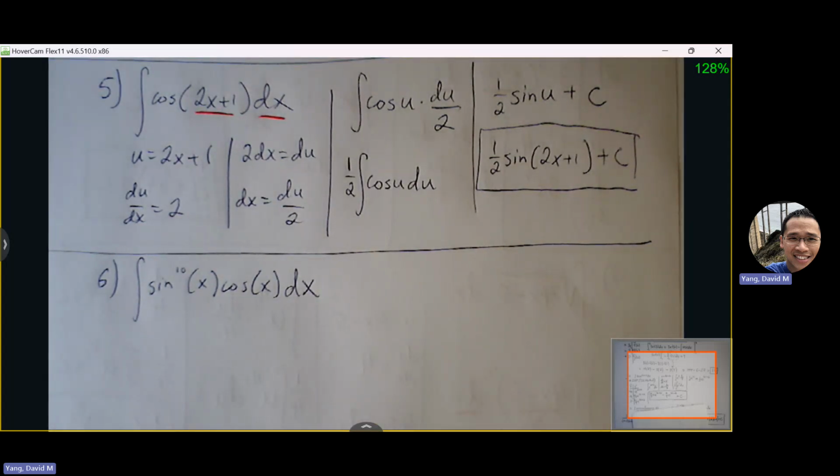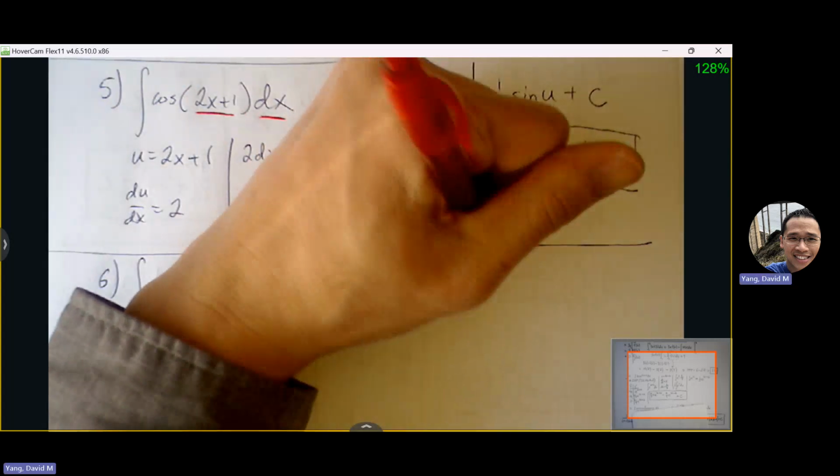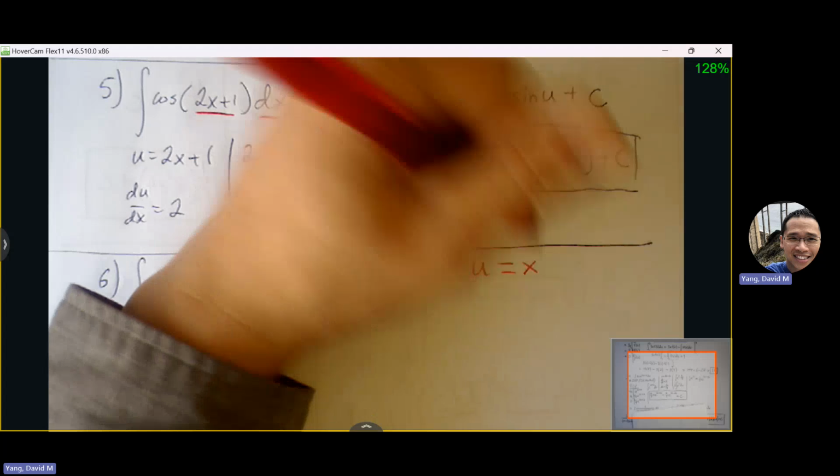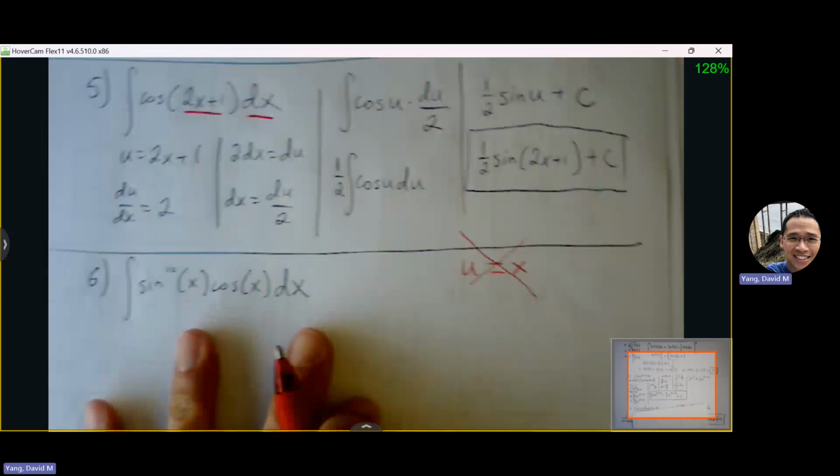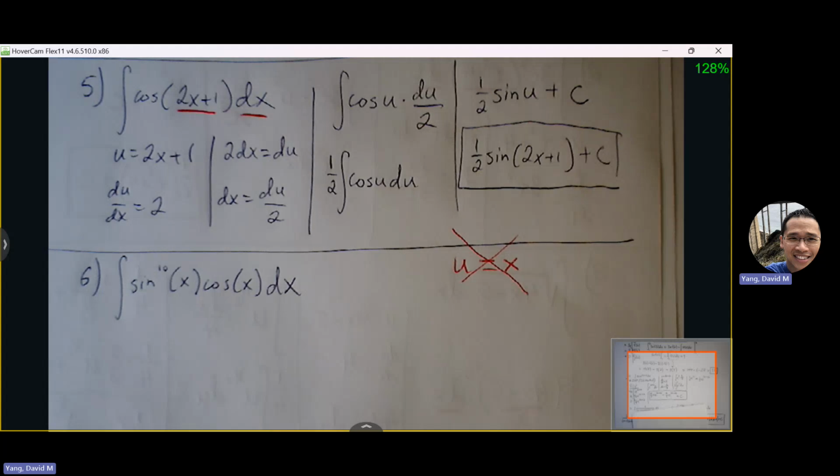So your next thought is, okay, I've got to use substitution. I see a set of parentheses, so why don't I just go after the x there? When you use substitution, we never just want to say u is equal to x. Why is that? Why do we never just want to do a substitution with u equal to x?